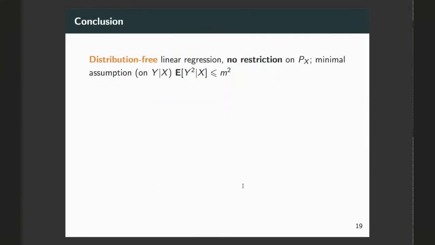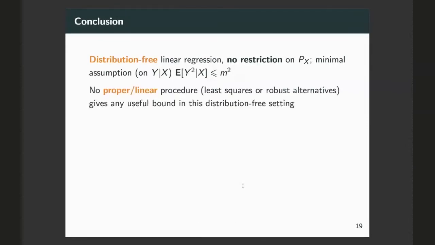Okay, so to conclude, we have considered the problem of distribution-free linear regression, where we make no assumption on the distribution of x, and a minimal assumption on y, which is this conditional second moment bound. When you make no assumption on x, there is a basic obstruction, which is that no procedure which returns a linear function can give you any useful bound. So you immediately have to move to different procedures.